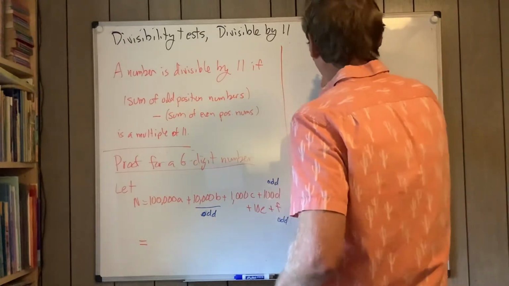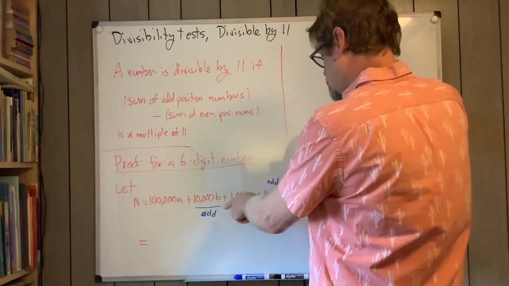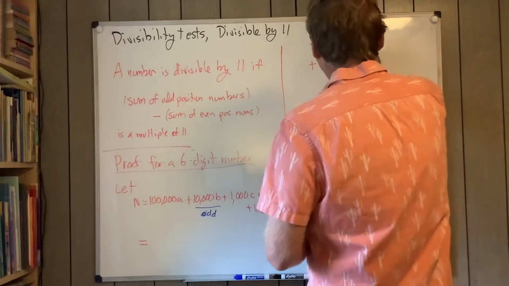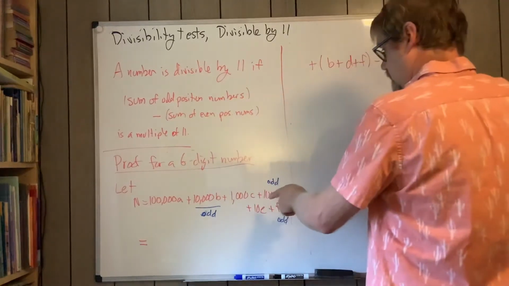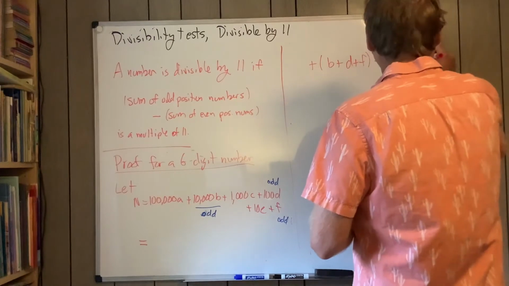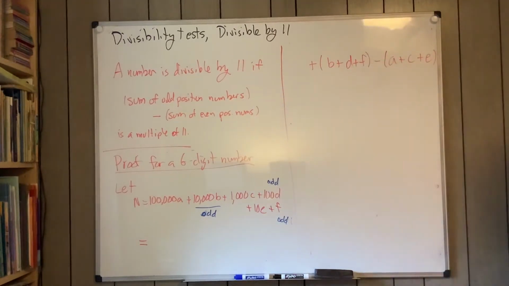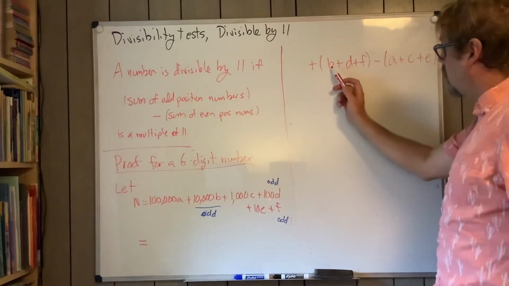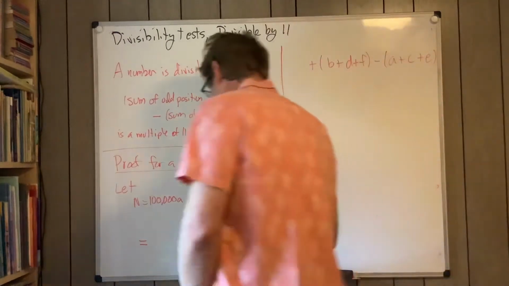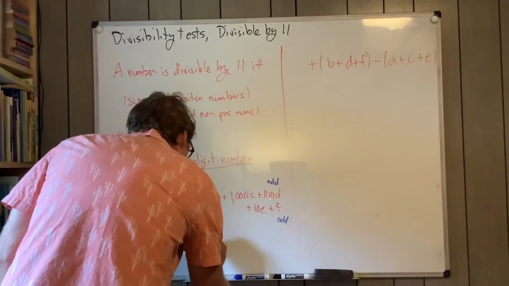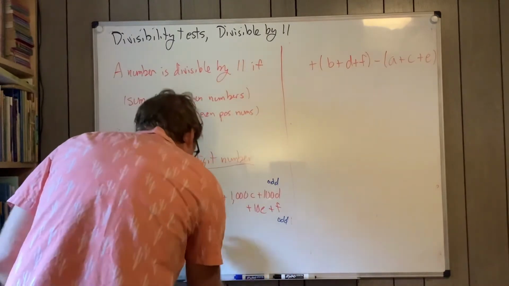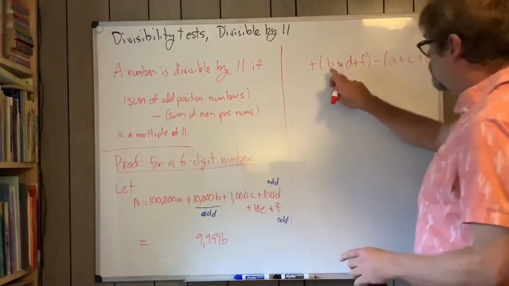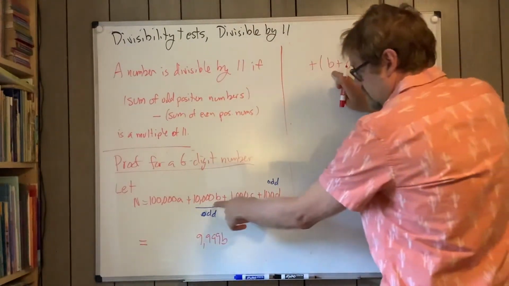I'm going to want the odd positions to be plus B plus D plus F, and my even positions are A plus C plus E. For example, I'm going to split off: I want a B here, so I'm going to have 9999B plus B. That plus that gives me 10,000.